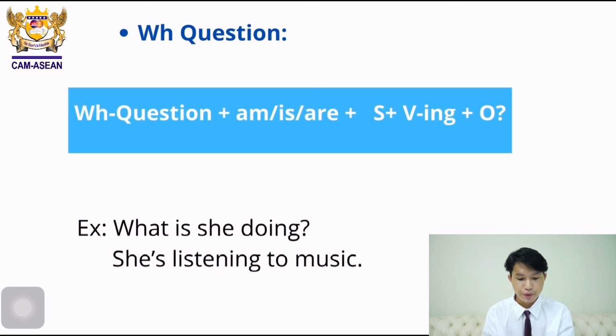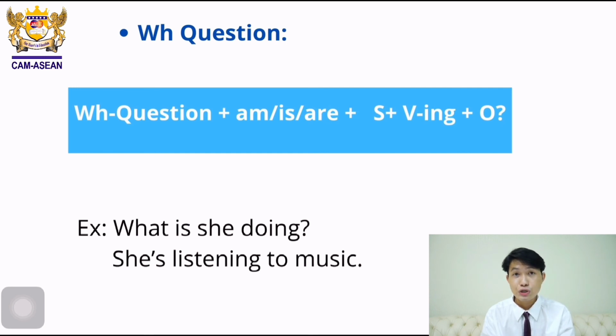Okay, so let's look at the example together. What is she doing? Okay, so the question starts with WH question of what, right? And then followed by verb to be is, and then followed by subject she, and then followed by the verb plus ing, which is doing, okay? Alright, so why in this question we use is?